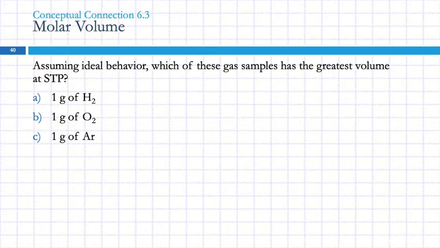The mass is the same. Yeah, it'll be the hydrogen. H2 is kind of the same. The hydrogen, you're going to get more particles in a gram because each of the hydrogen molecules is only 2 grams, whereas argon is like 40 grams. So you're going to have fewer particles in 1 gram. So this is going to be a larger gas sample. Any questions?